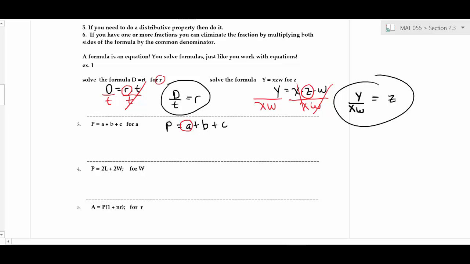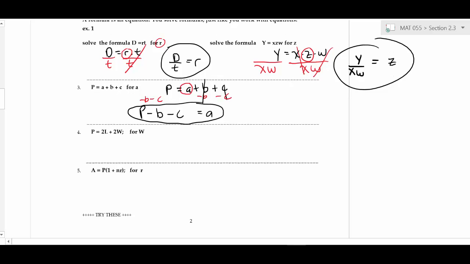That's what you've got to understand. So yeah, you're going to subtract B, subtract C. You could even move them to the other side like that, and when you do that, A is now going to be isolated like it needs to be. Then you have P, and then you subtracted B minus C like that, so that would be the answer. So I undid adding by subtracting. That's what you've got to do, is focus totally on the operations.